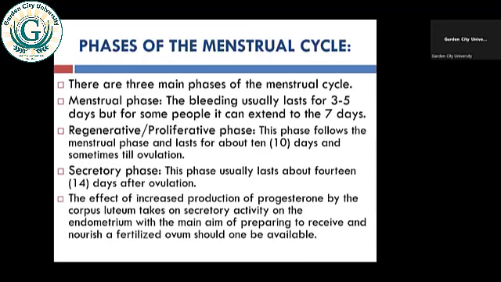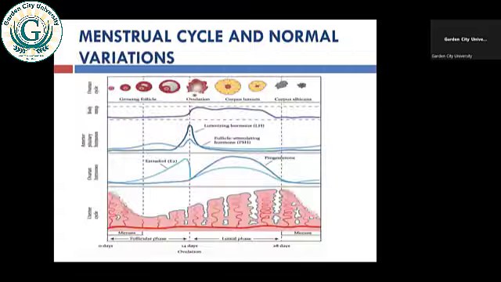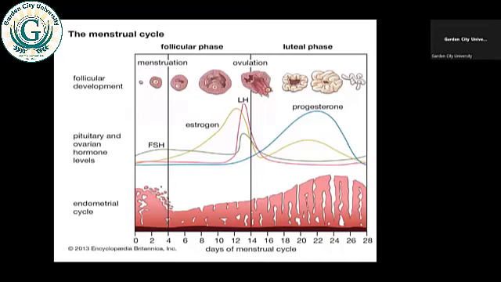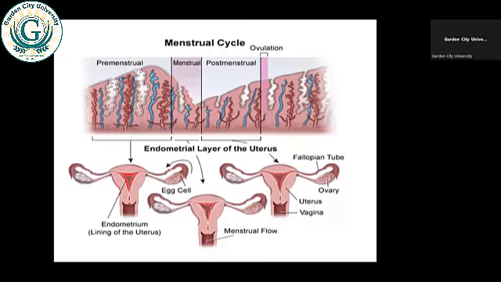We also discussed the phases of the menstrual cycle: the menstrual phase, the regenerative or proliferative phase, and the secretory phase. And then the variations in the ovarian cycle, the temperature, the anterior pituitary hormones, the ovarian hormones, and then the uterine cycle. We discussed the various aspects of it, and then the premenstrual phase, the menstrual and the postmenstrual, and how they affect the endometrial layer of the uterus.